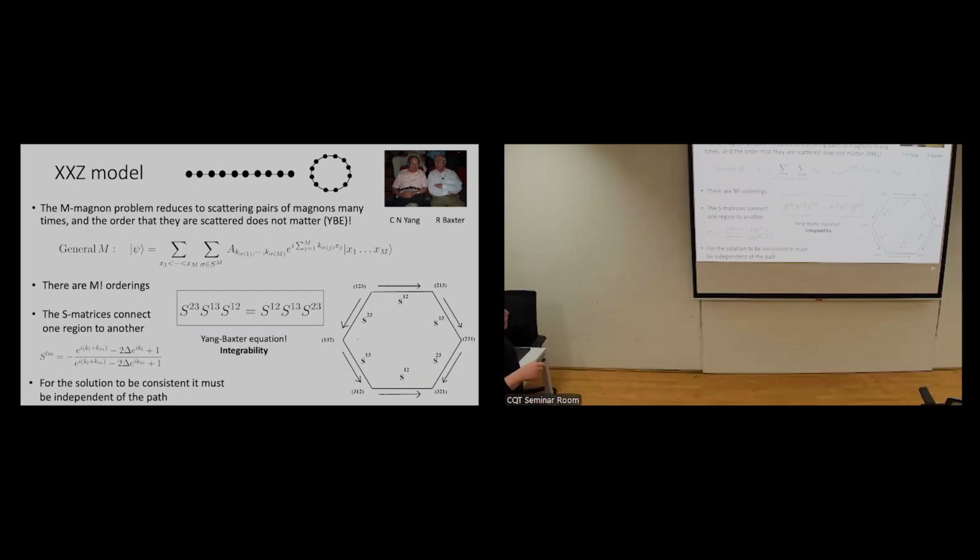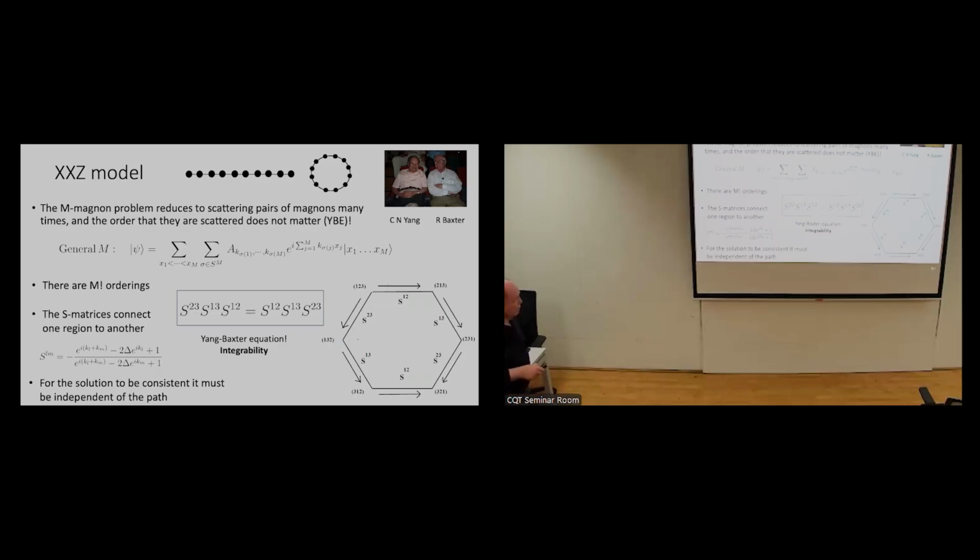So I have m flipped down and n minus m up, and the amplitude for each wave function like that relates to the others by an S matrix. And so there are m factorial orderings, and we have to ask whether they are consistent.